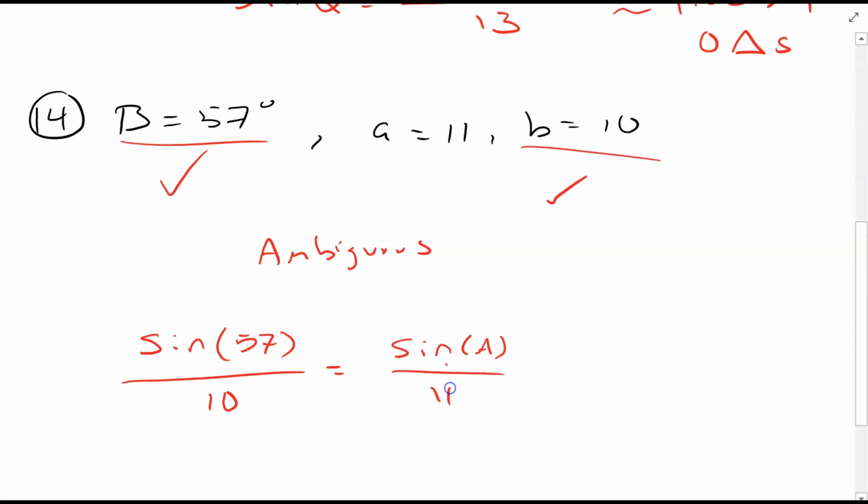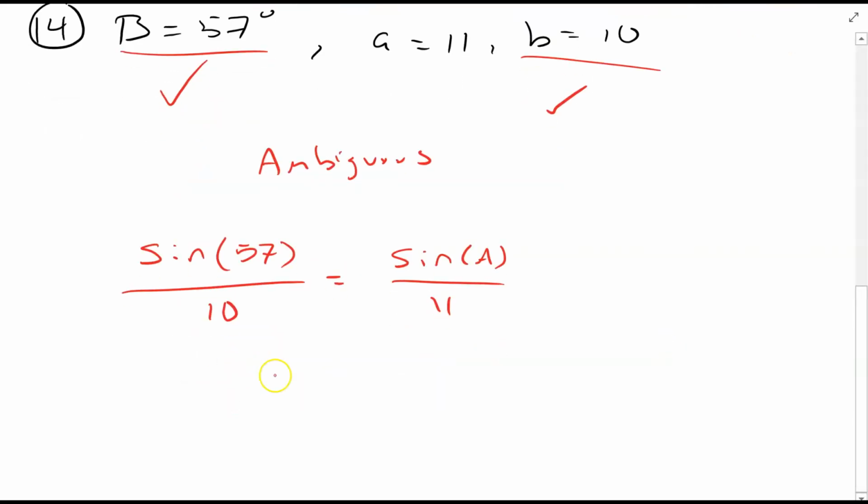Obviously, I realize from the context of the question we know there's two triangles, but I'm pretending that we don't, because it doesn't really hurt to do this. All right, so I'm going to cross multiply and divide to get the sine A by itself.